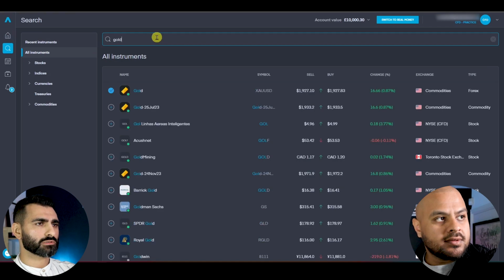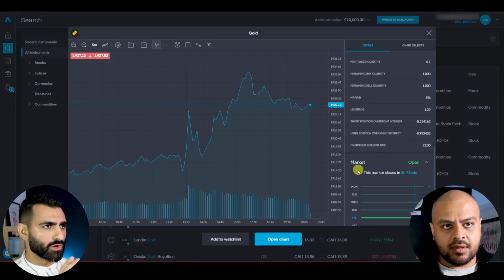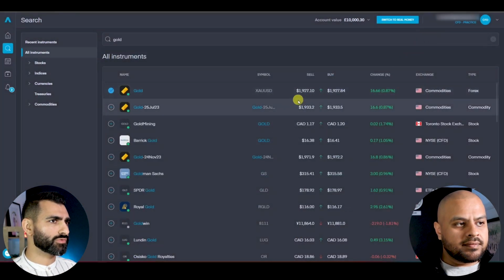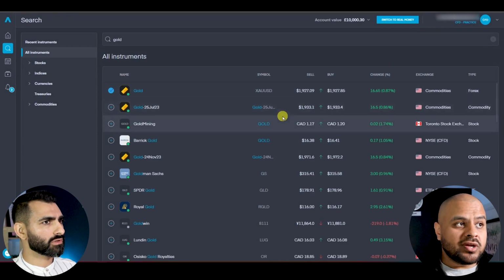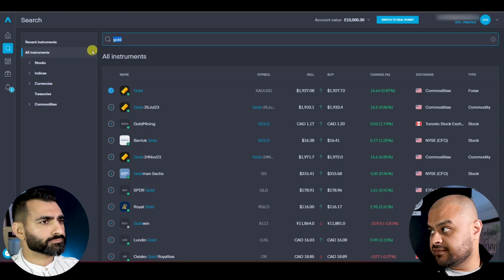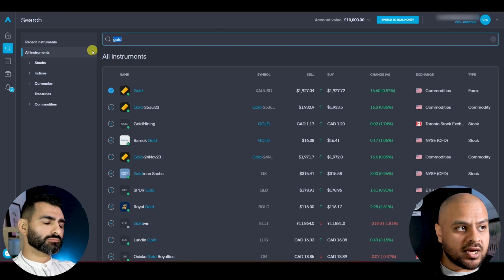So are there any key things that are good for that? Are precious things like gold good for that kind of thing, or is it currencies, or is it just a mixture? You can do anything. We can look at currencies. The good thing about currencies is they're pretty much 24/7, whereas stocks have an open and close time.